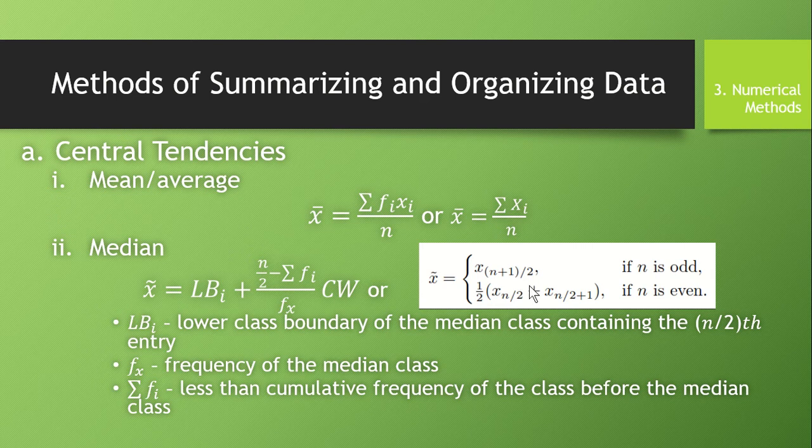So if our data is 41, that's 41 plus 1 over 2, so that's 42 divided by 2, which is 21, which means the 21st data will be our median. However, if n is even, then we'll have to get the average of the n over 2 and the n over 2 plus 1 data. That is n over 2, then add 1 to n over 2.